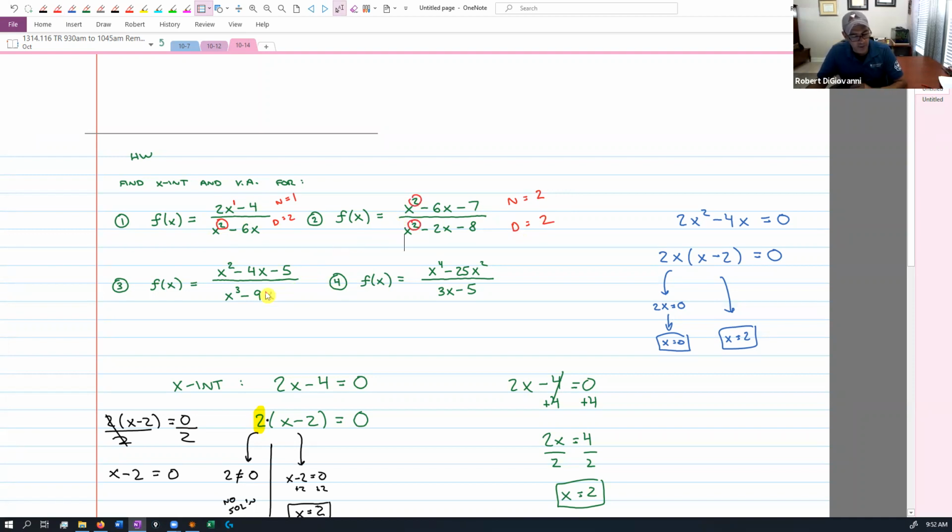And then on number 3, N would be 2, but D would be 3, right? And on the last one, N would be 4, and D would be 1, because the power on x is 1. What do you think? That's pretty straightforward, right? You're just looking for numbers. It's not too bad.